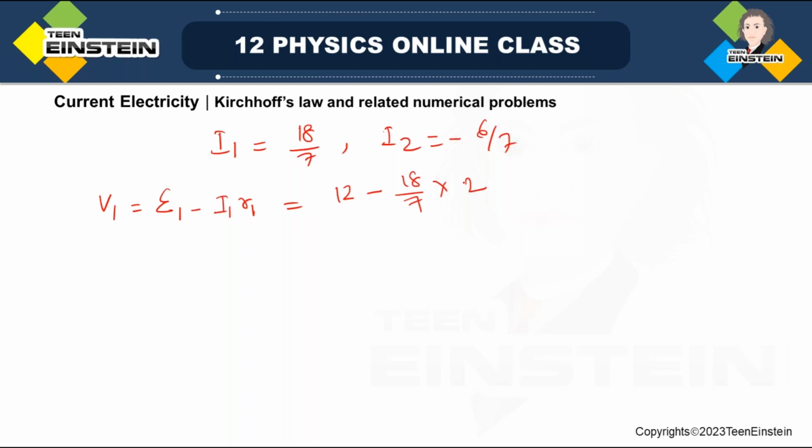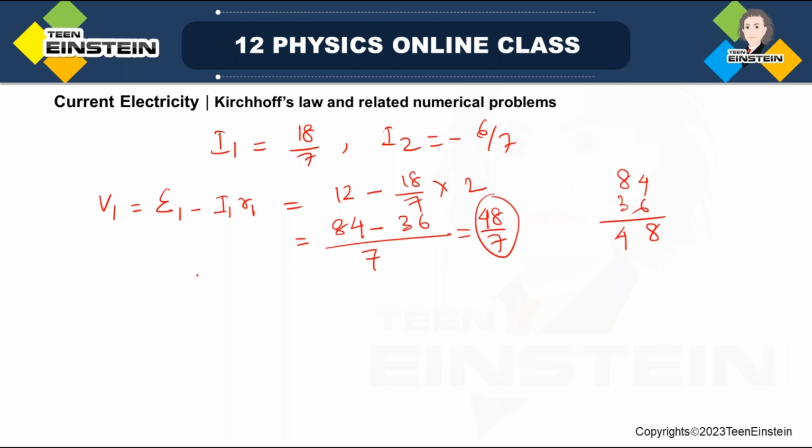So the potential difference across each cell, let us see how it goes. This is by 7, so it is 48 by 7.